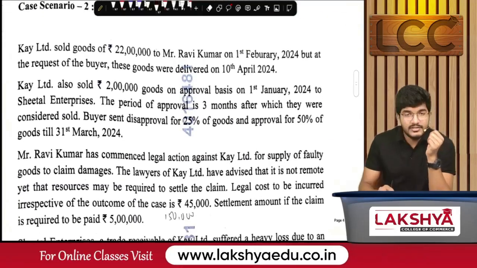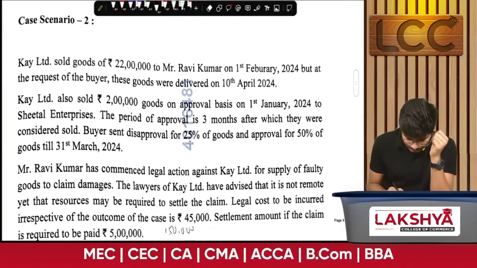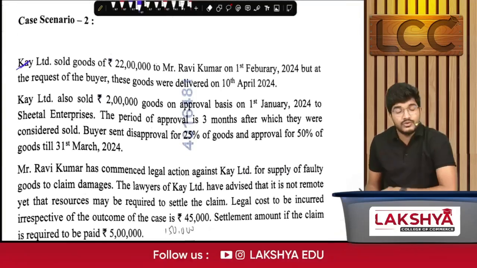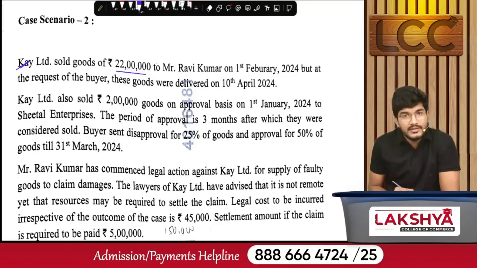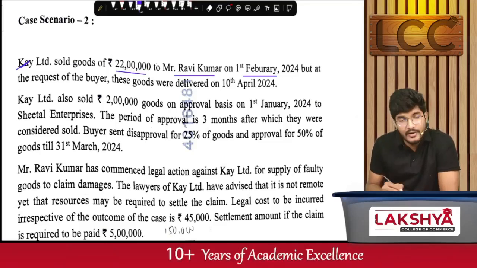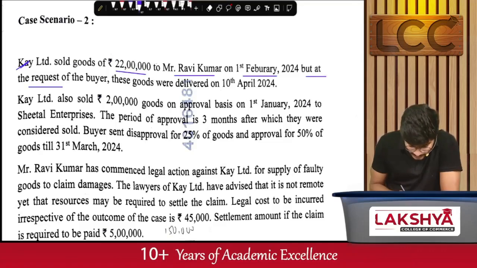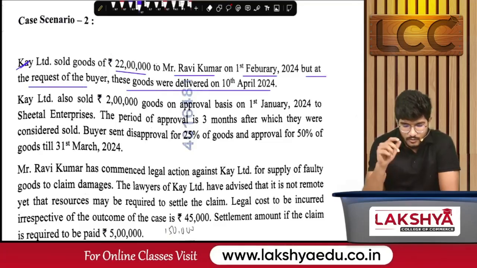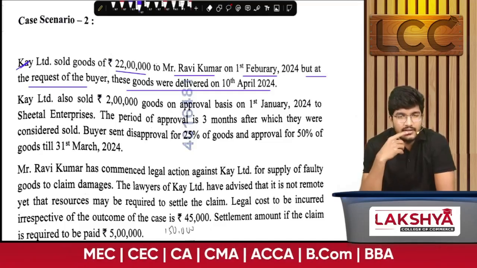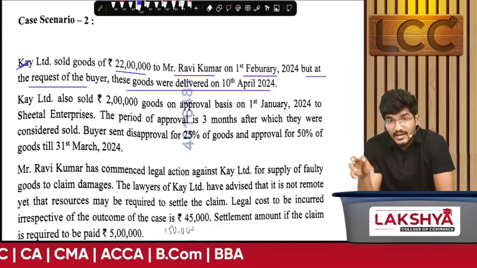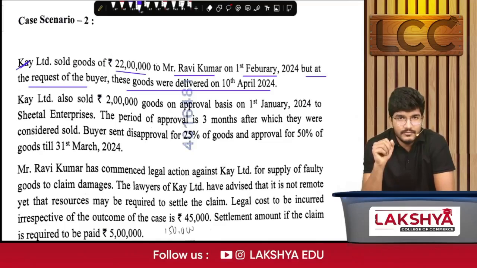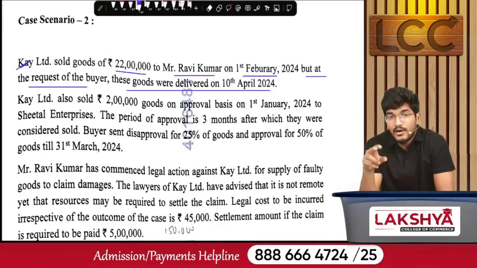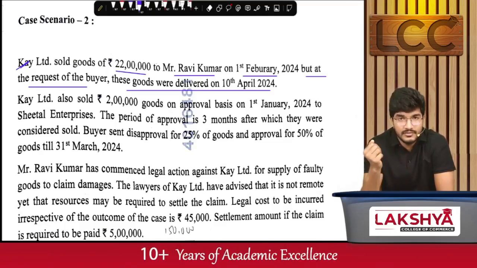Next, case scenario 2. K Limited sold goods for rupees 22 lakhs to Mr. Ravi Kumar on 1st February 24. But at the request of the buyer, those goods were delivered on 10th April. Now, here the point is, as per AS9, whenever the goods delivery is delayed at the request of the buyer, we should consider risk and reward already transferred at the time of invoice.